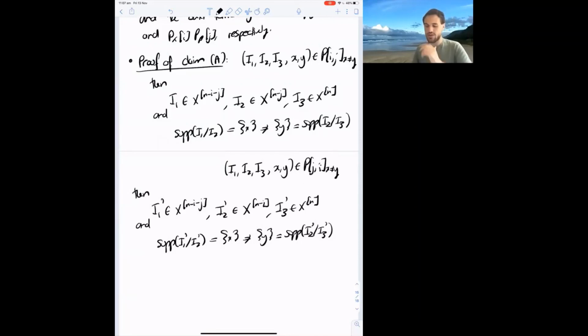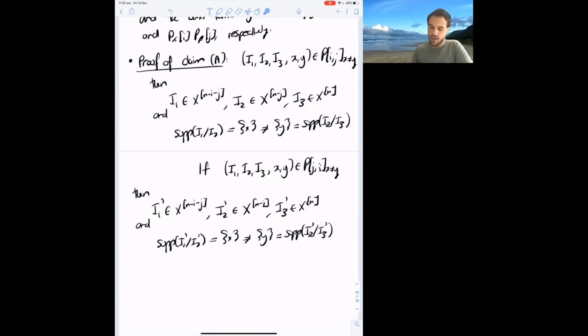So this is what happens if we swap I and J. And so the question is, how do I define a map from data of this kind to data of this kind? Well, we're okay to just send I1 to I1 prime, where I1 prime is the same as I1. We can sort of fix this first part, and we can fix this last part.